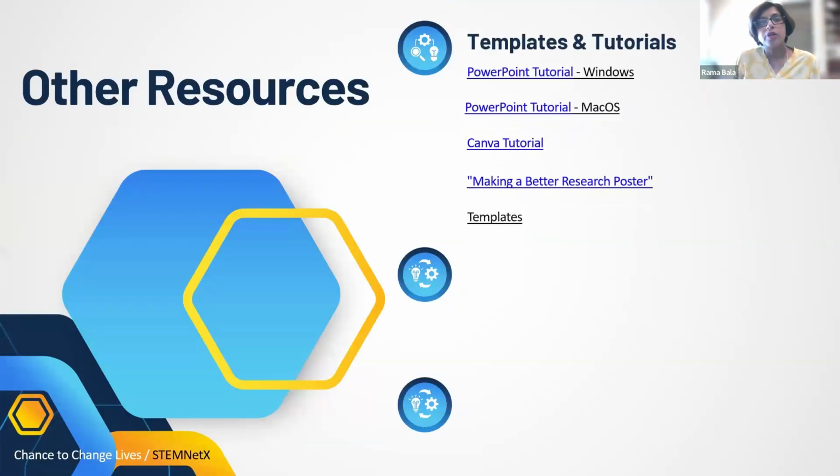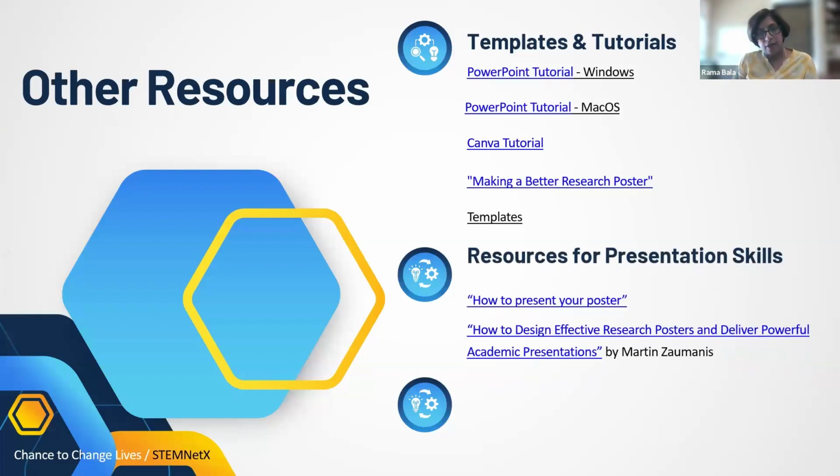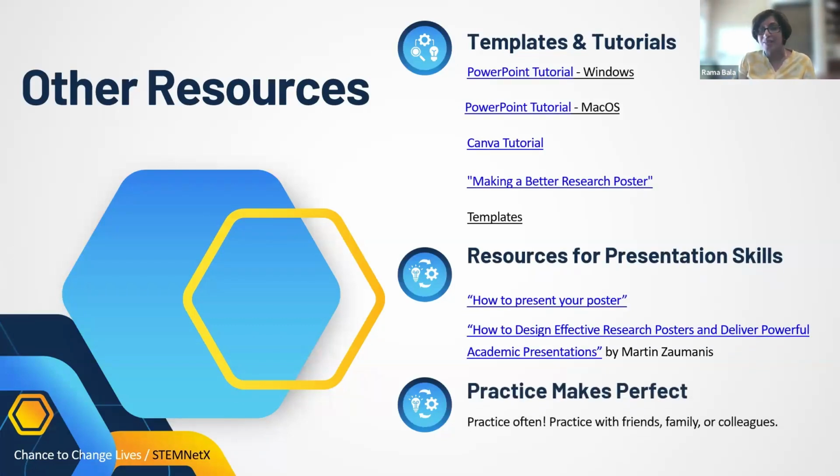So here are some other resources that are useful for students as they create their posters. For example, there are tutorials available for Windows and Mac products, and tutorials by Canva that help students create effective posters.